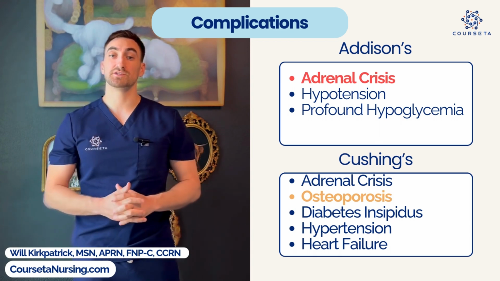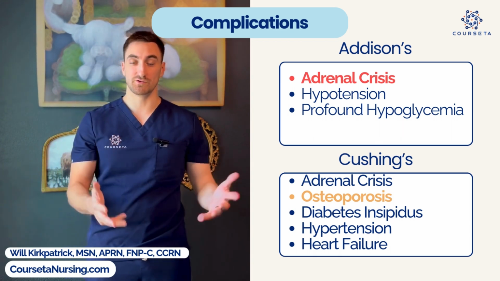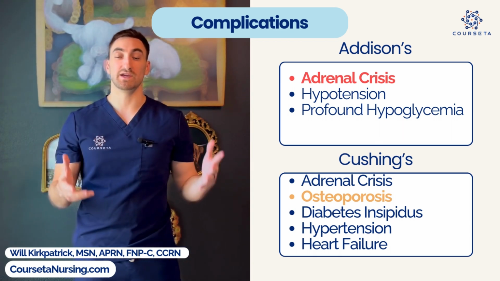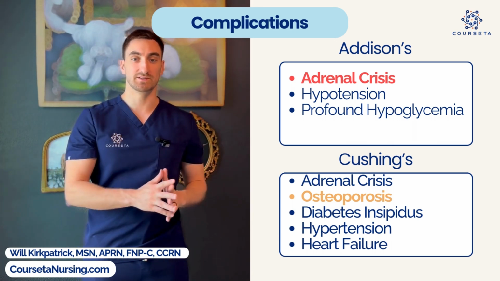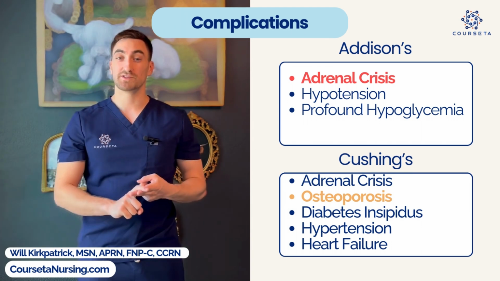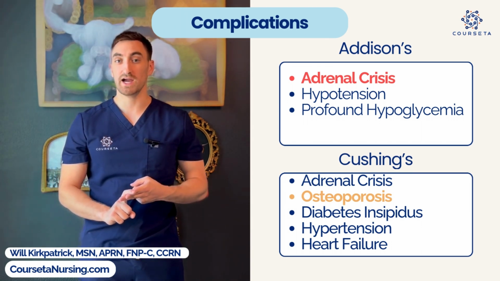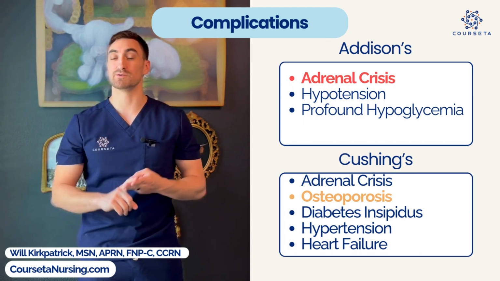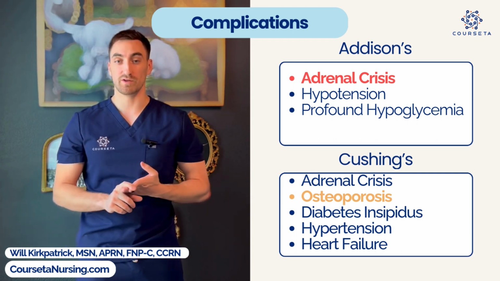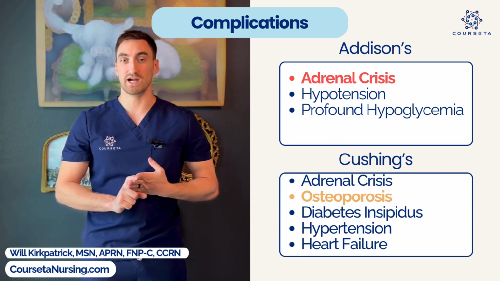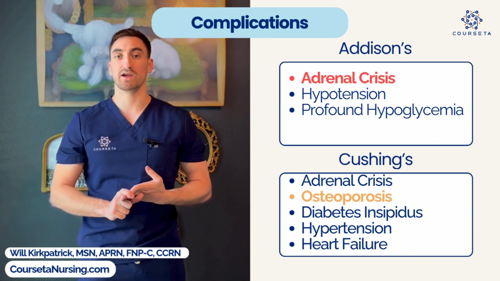Now, patients with Cushing syndrome are also at risk for adrenal crisis because they could potentially have it abruptly stopped. Secondly, though, the NCLEX loves to ask about these other concepts such as osteoporosis, hypertension, which could eventually over time cause heart failure because of the increased resistance on that ventricle, and not only the hypertension, but also the fluid overload, which stretches those ventricles out, causing increased stress on the heart and causing increased growth.